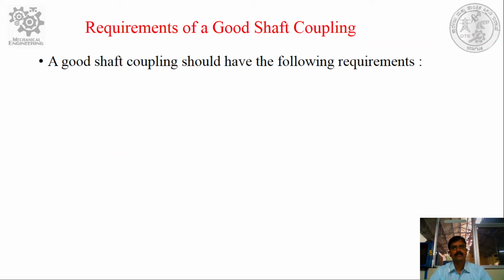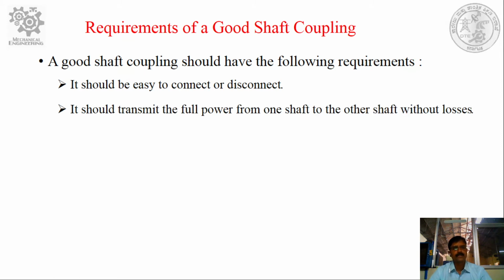Requirements of a good shaft coupling. What are the requirements? A good shaft coupling should have the following requirements. It should be easy to connect or disconnect. It should transmit the full power from one shaft to the other shaft without losses.